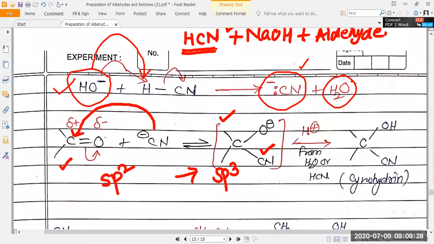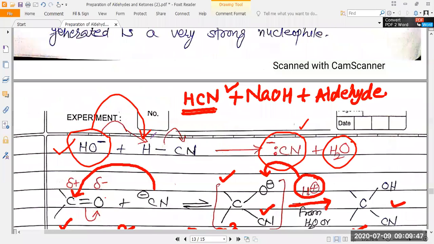In the next step, H+ from the solution or solvent reacts with this oxygen and forms this type of compound, which is called cyanohydrin. So I think this reaction is clear to you.